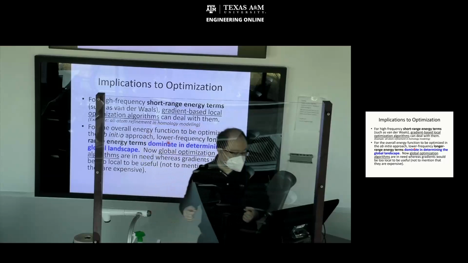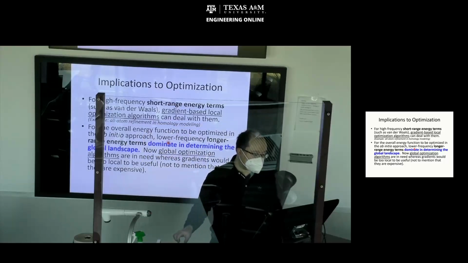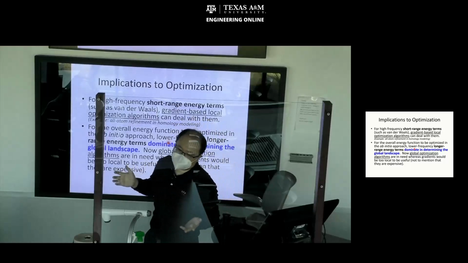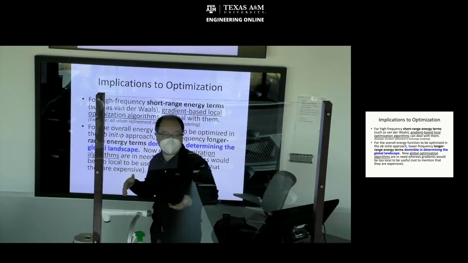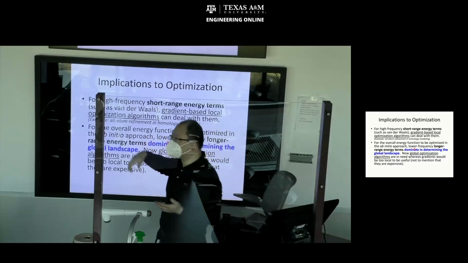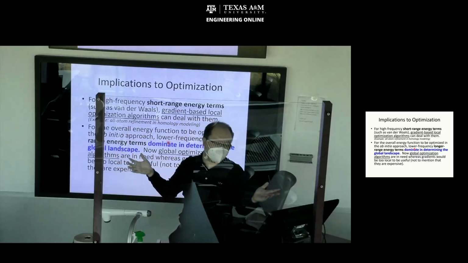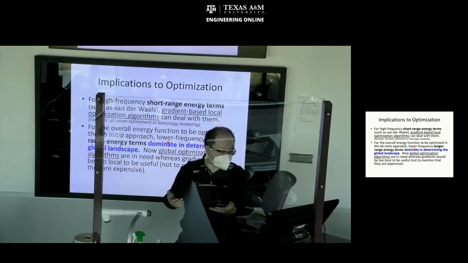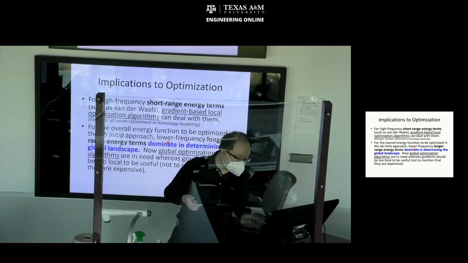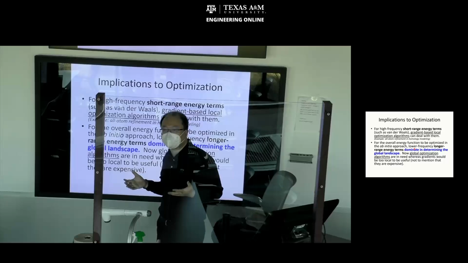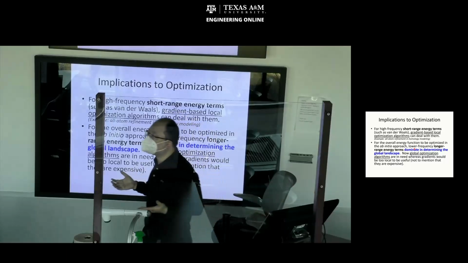In those cases, the longer range energy terms actually dominate the global landscape. You have a lot of peaks created by short range terms like van der Waals, but the global shape is determined by the lower frequency terms like desolvation or electrostatics and so on. In those cases, the global shape is critically important to global optimization.